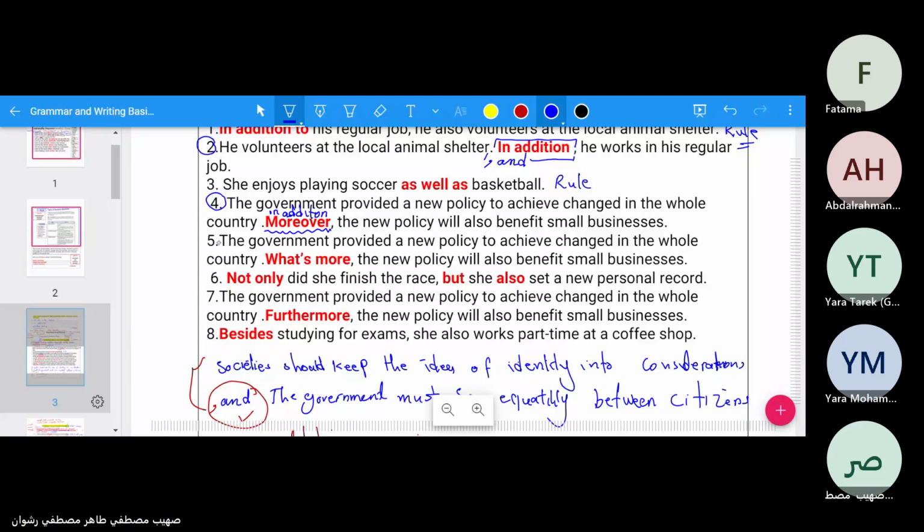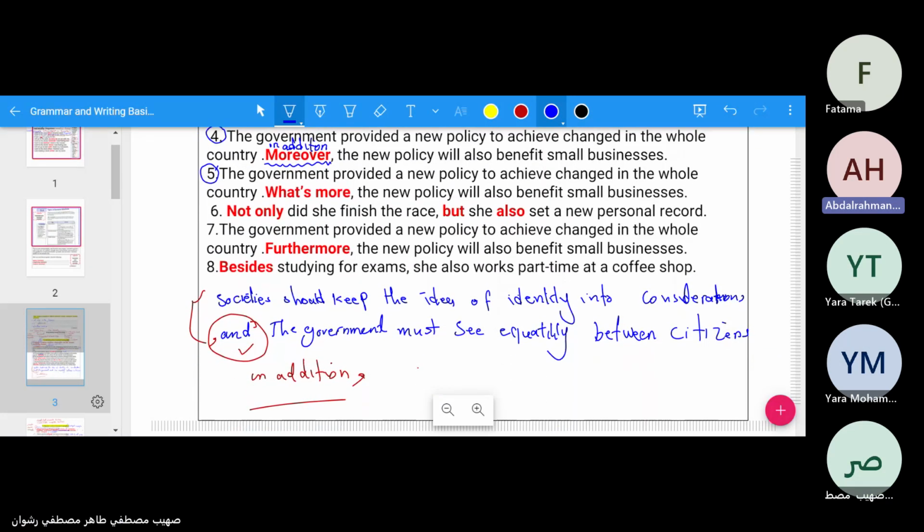Abdurrahman, read number 5. The government provided a new policy to achieve changes in the whole country. What's more, the new policy will also benefit small businesses. Okay, thank you.